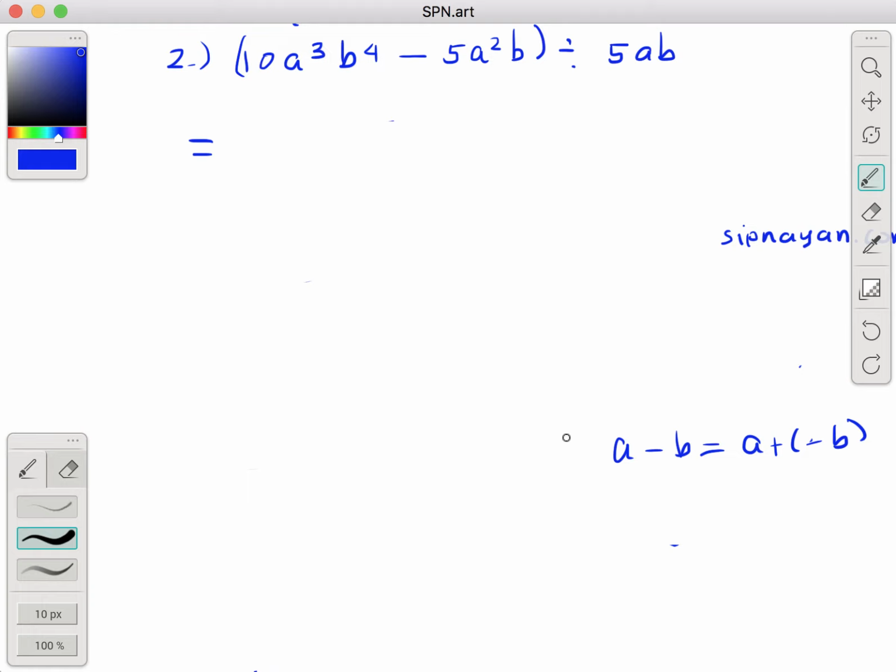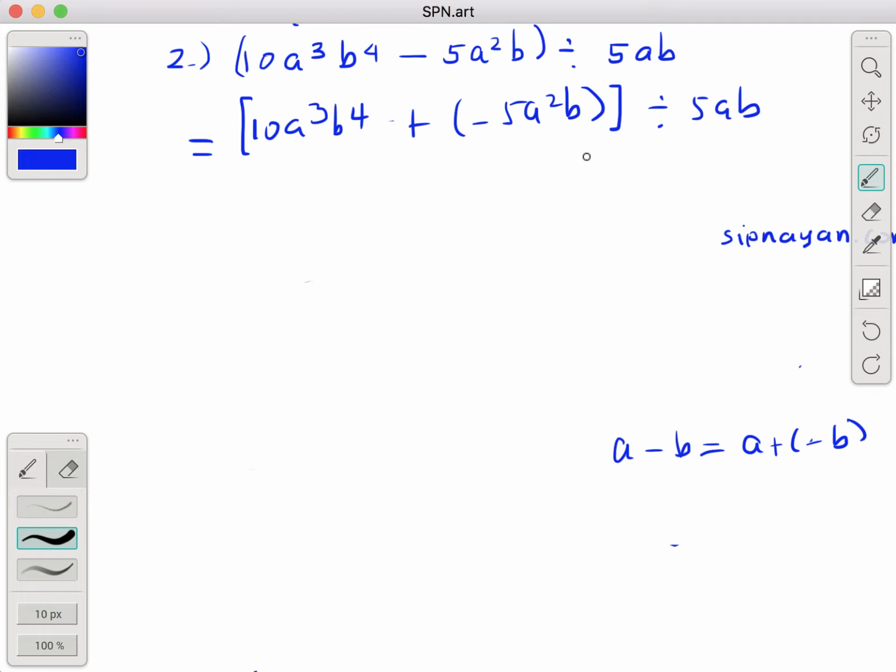So, maganda yan, gawin yung habit yan that every time na meron kayong nakikitang subtraction, convert it to addition. So here we convert first. We have 10a cubed b to the fourth magiging plus negative 5a squared b. So gawin na nating square bracket para hindi nakakalito.